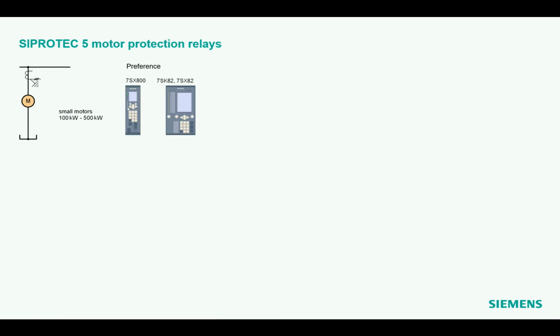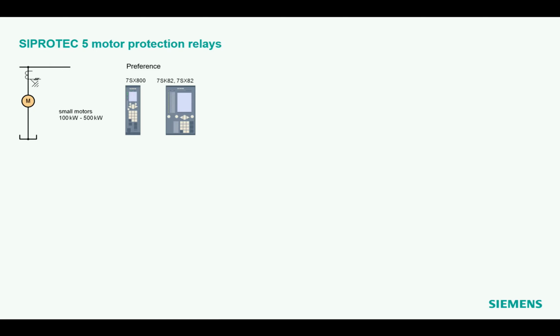This is a dedicated motor protection relay. And also here we have universal relays in our SIPROTEC 5 range. They are called 7SX. So we have here also the 7SX82. What is special for this relay is that it is like the base unit of a modular SIPROTEC 5 relay, but it's not expandable. So you cannot add expansion modules.